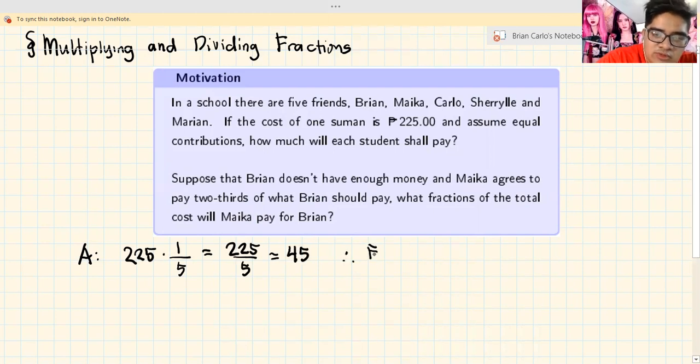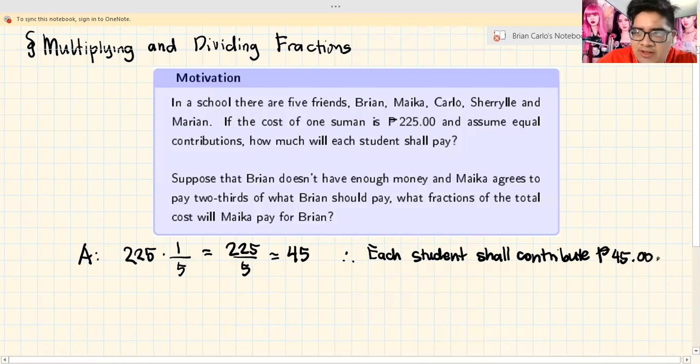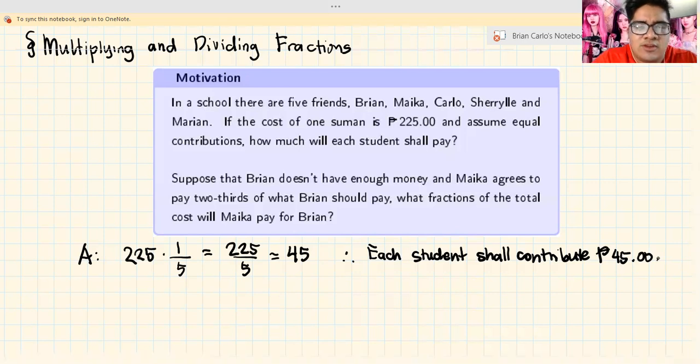Therefore, each student shall contribute 45 pesos. 'Di ba? It's straightforward. Ganun ang ginagawa natin as students, nag-aambagan tayo. Pero may isa pang part yung motivation.